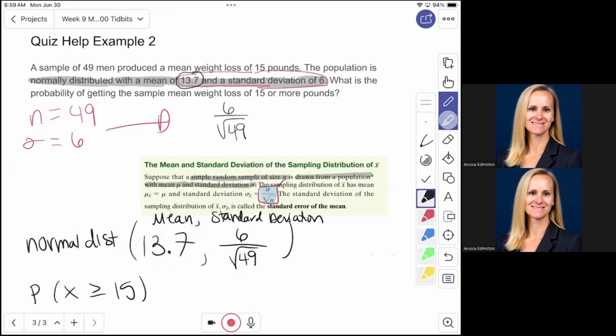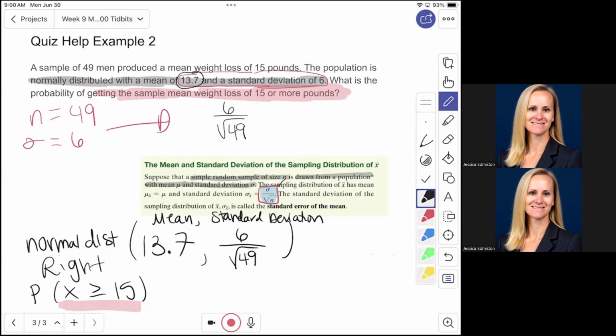We're trying to find the probability of getting the sample mean weight loss of 15 or more pounds. Once again, this is going to be to the right since it's 15 or more. I'm going to use Desmos again, but this is going to be a little more direct based on the information we were given.